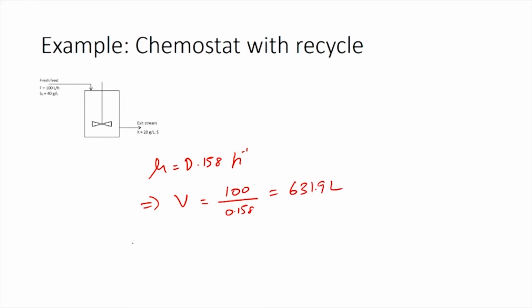As we have been told that the chemostats are available only in the multiples of 50, the reactor which has to be installed would be 650 liter reactor. So, this is the volume of the reactor which is required if we do not have any recycle.